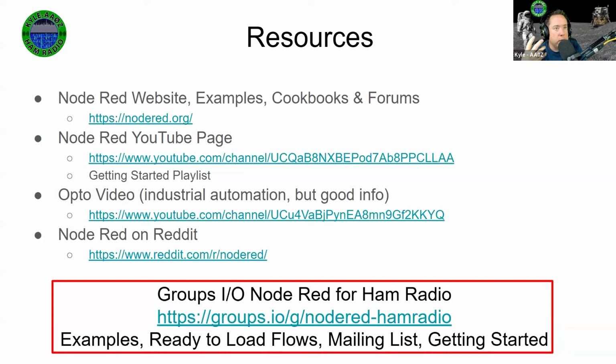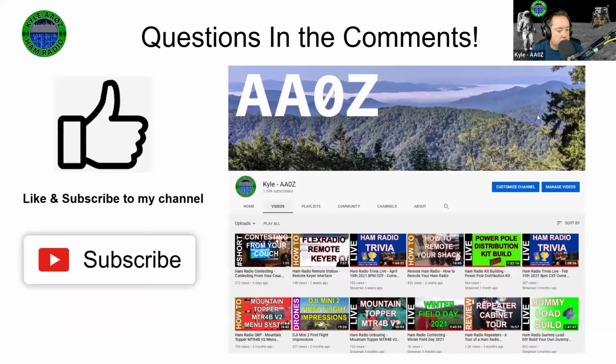So if you've got a KX3, a K3, or a Flex, or an ICOM radio, and you're looking for a flow, it's there. It's in the files directory under the Groups.io. A lot of the work has already been done for you. All you have to do is import the flows that people have uploaded to the Groups.io.